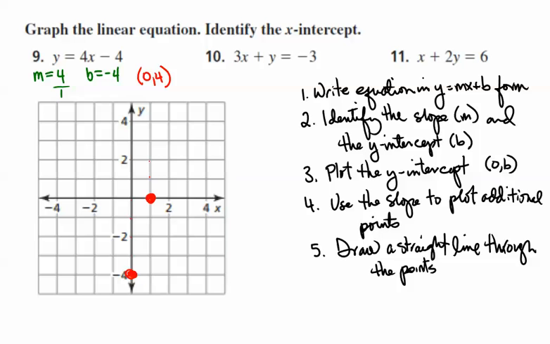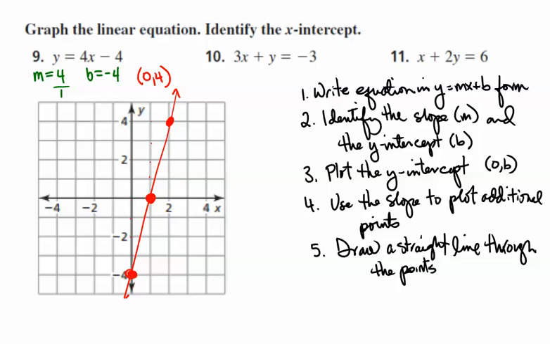Up 1, 2, 3, 4, over 1, and we would get another point there. At which point, we could simply draw our straight line as straight as possible. All right, so that's how we would do that.